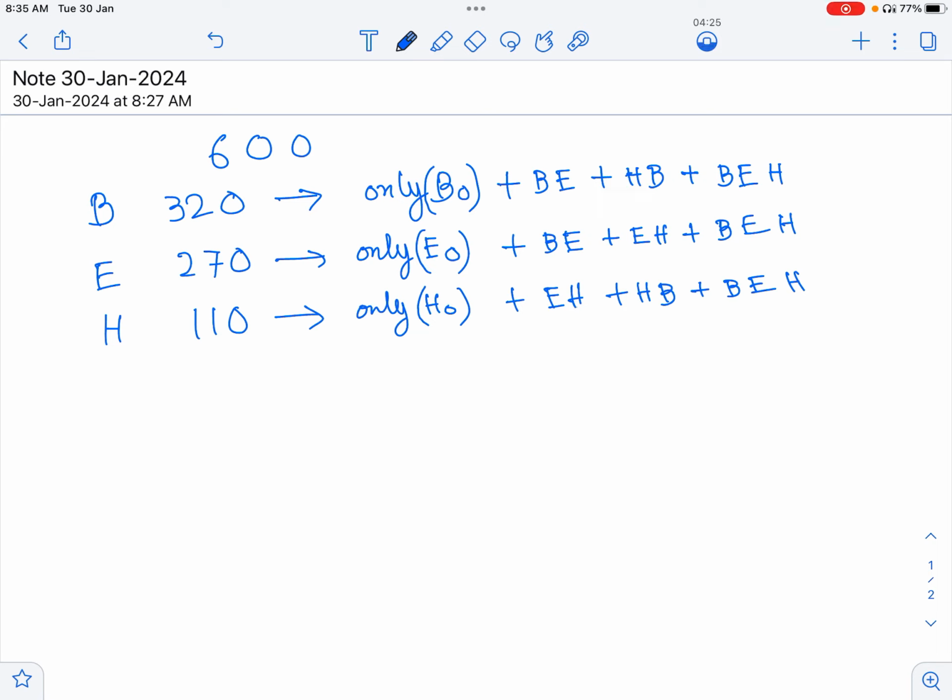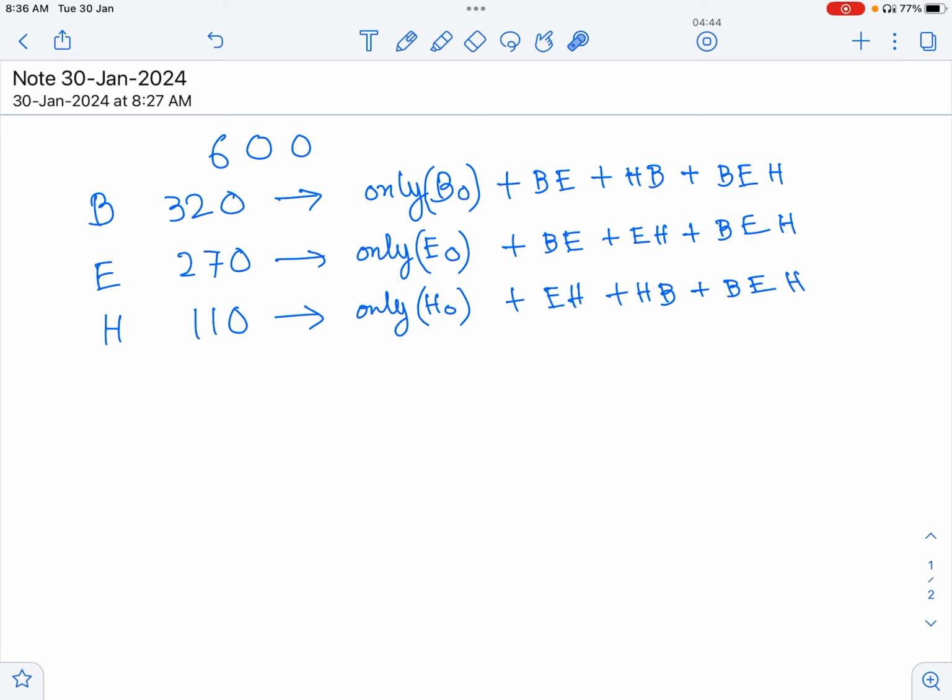So these are the segregation of all the characteristics of students who learn only one language, two languages, and three languages.